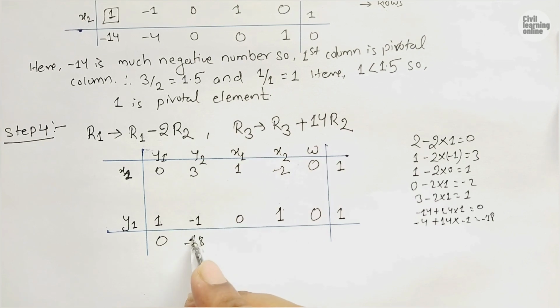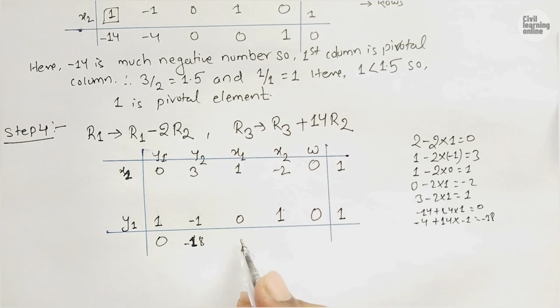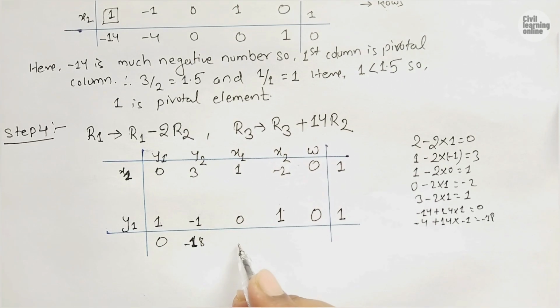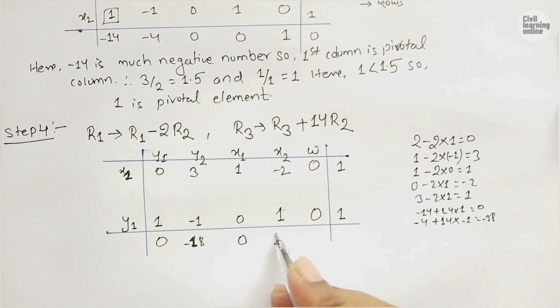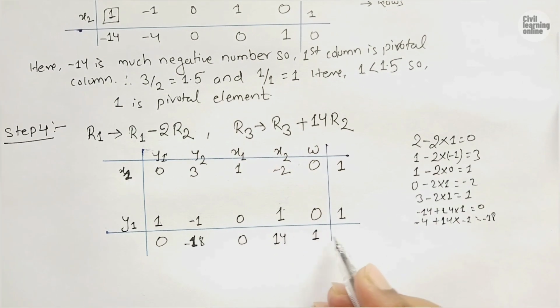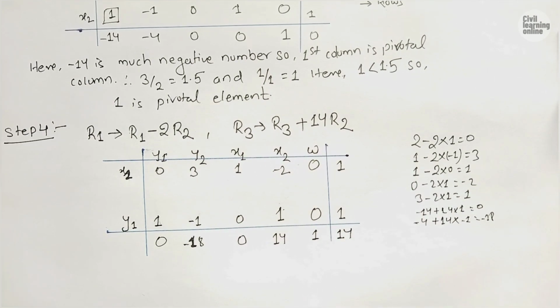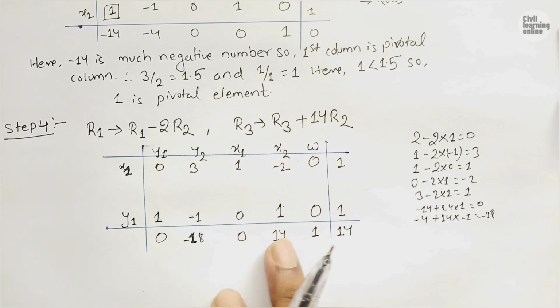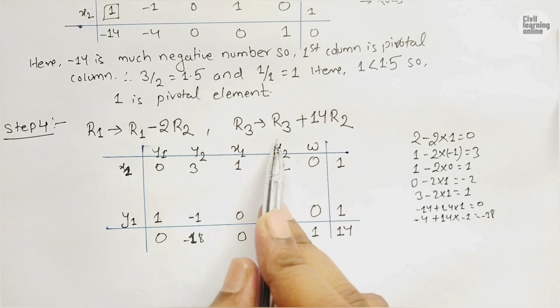I hope you could do these operations. Further on solving, we will get 0, 14, 1 and again 14 here. If not, you can leave a comment and I will explain if you fail to calculate the value.